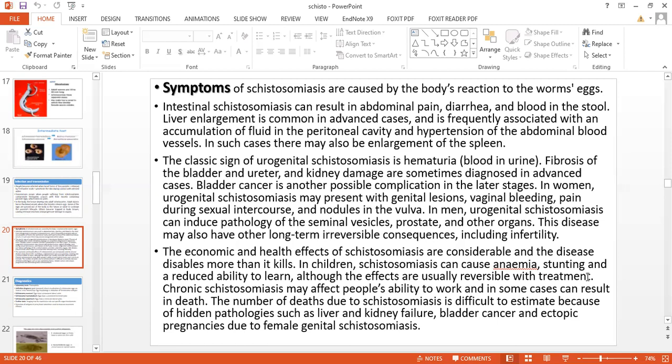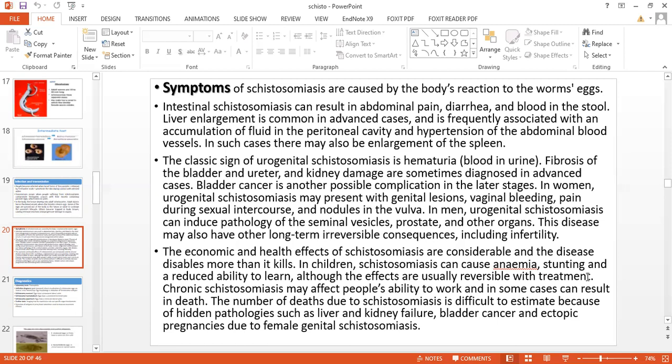The economic and health effects of schistosomiasis are considerable, and the disease disables more than it kills. In children, it may cause anemia, stunting, and reduced ability to learn. Although the effects are usually reversible with treatment, chronic schistosomiasis may affect people's ability to work and in some cases can result in death.